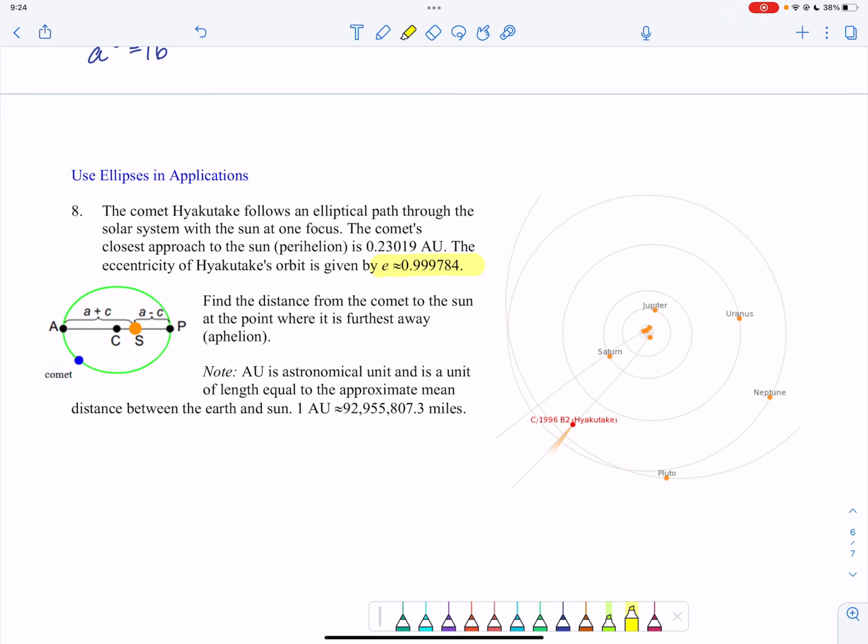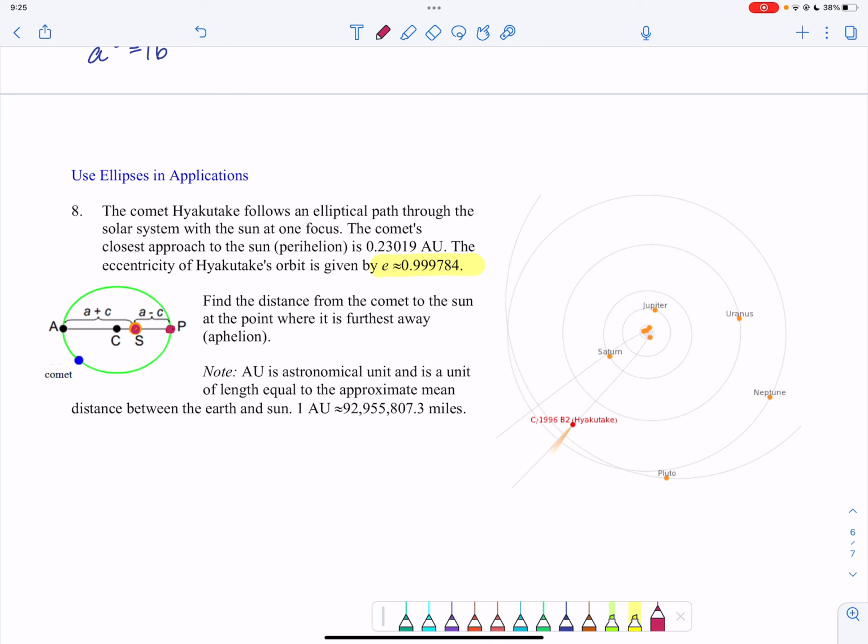So let's go ahead and first begin with the value that they gave us. C divided by A is the eccentricity. They also gave us this distance, and that distance is A minus C, and that is the distance from the sun to the point on the right-hand side here. So let me just show you on this diagram. Right here, this is the distance from the major axis endpoint to the focus.